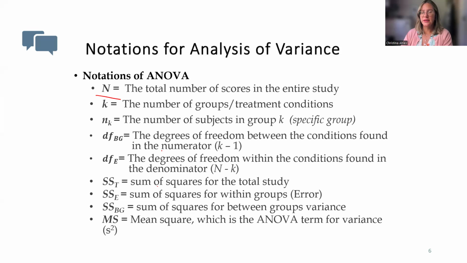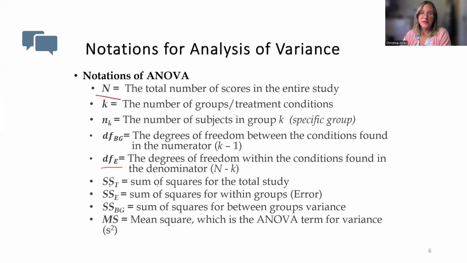And you'll see numerator and denominator, and I'll clarify that as we get to that. Let's just think about the notations themselves right now. We calculate the degrees of freedom error with capital N minus k. So the total number of participants minus the number of conditions. And so I'll show you how that's calculated.